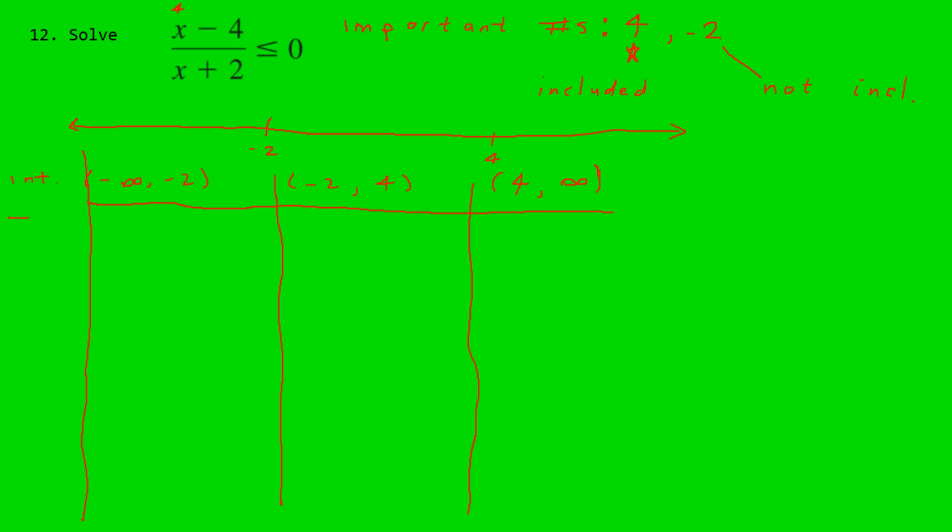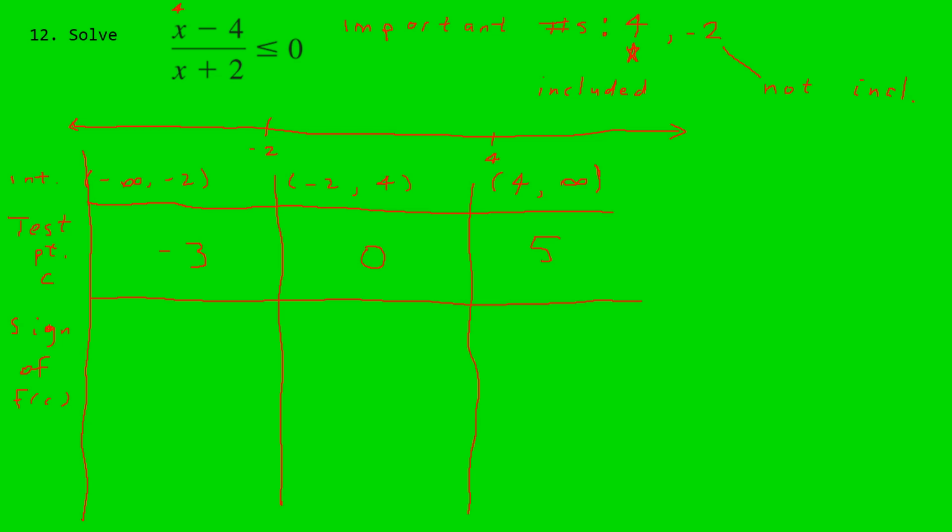Okay, so test point C, then we'll get f of c. We'll see what sign it is. In fact, let's just say sign of f of c. C, test points, just any old number that we like in these intervals.